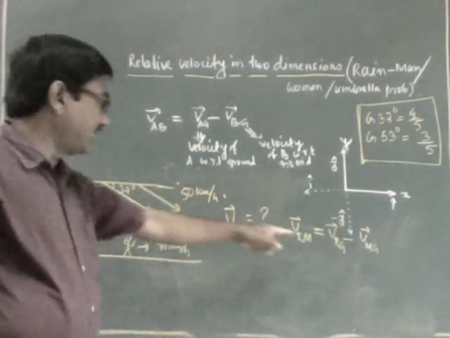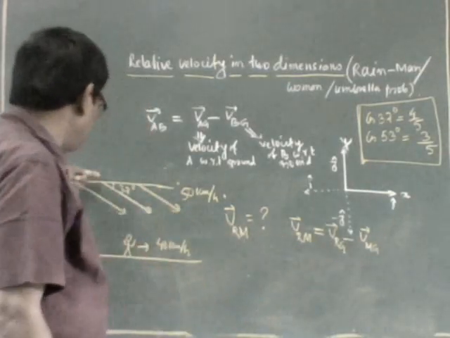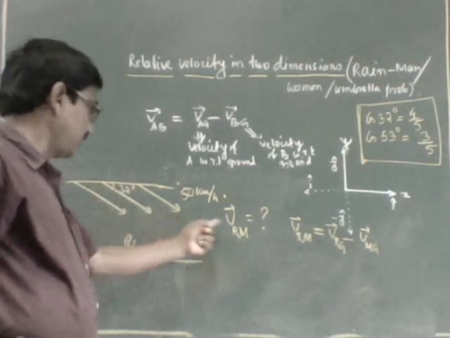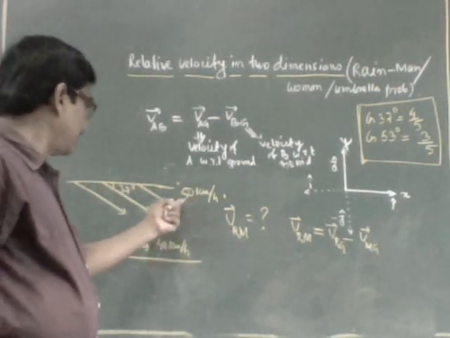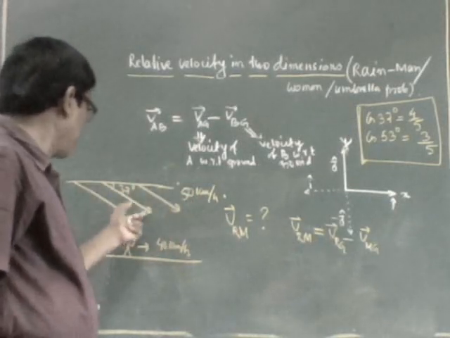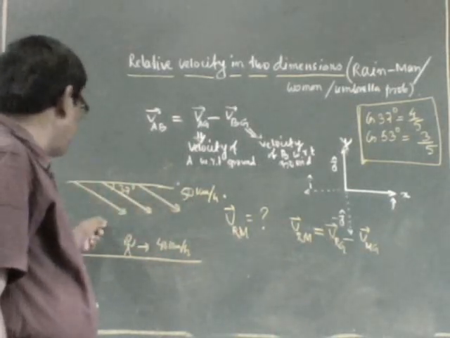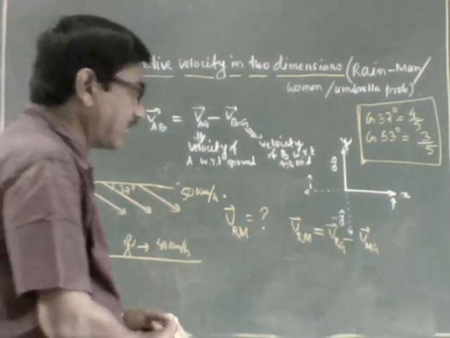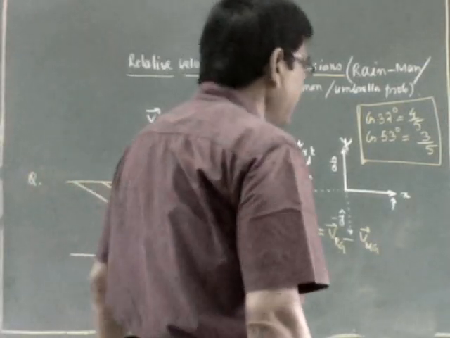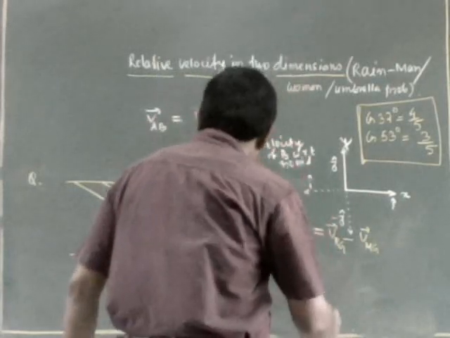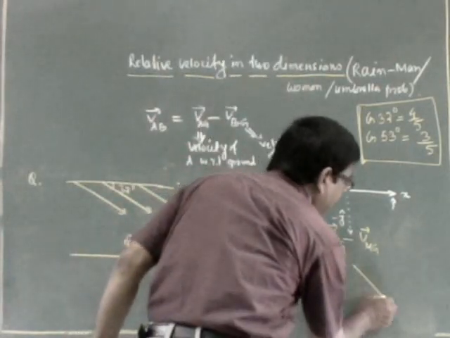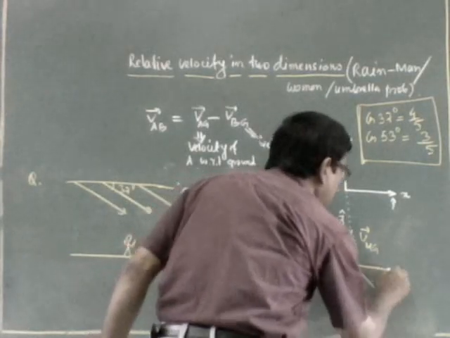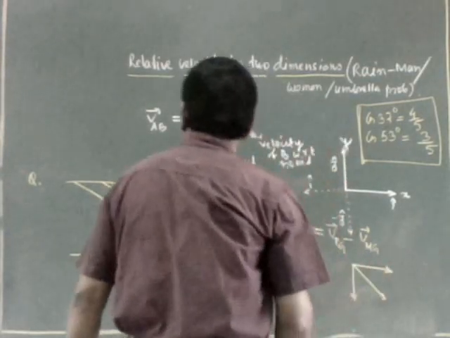You have to take the components of this velocity vector VRG, along the x-axis and along the y-axis.